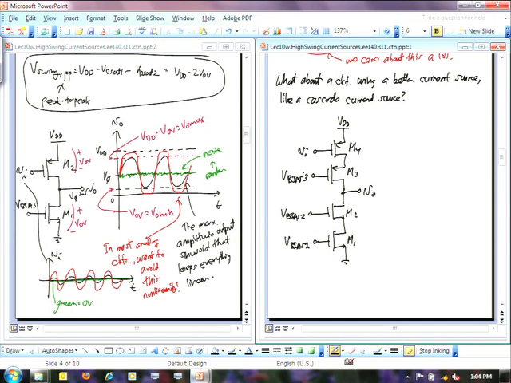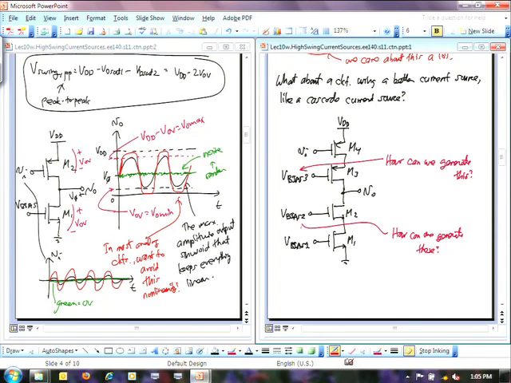And so our big question is, how do we generate these? How do I generate V bias 3? And we're also interested in how we can generate both of these down here.